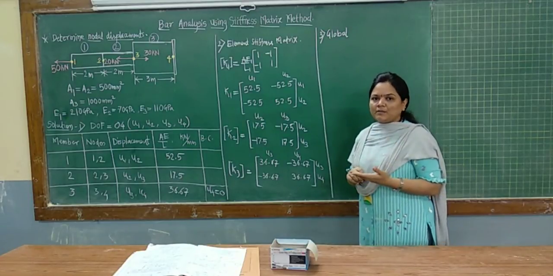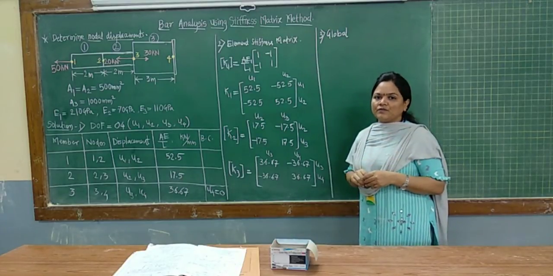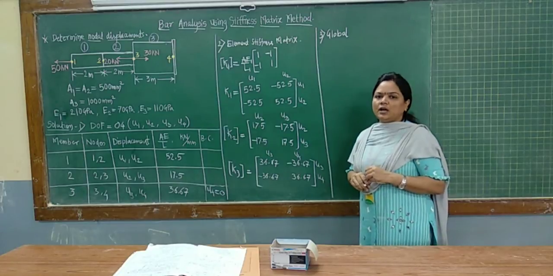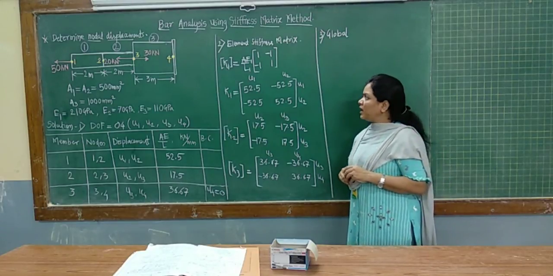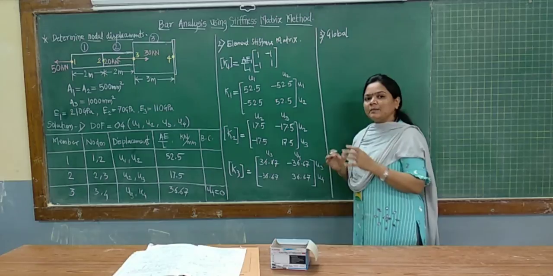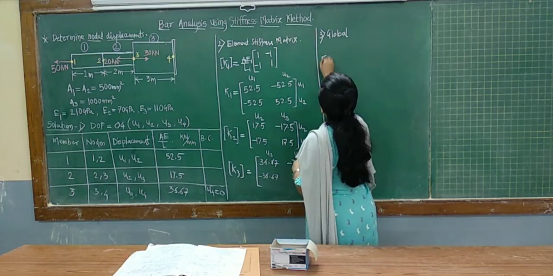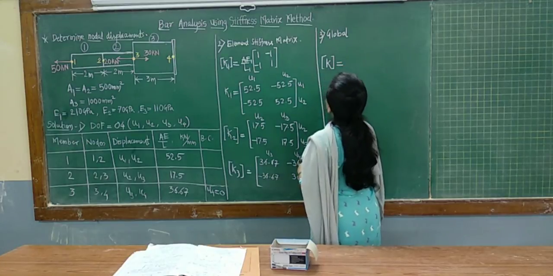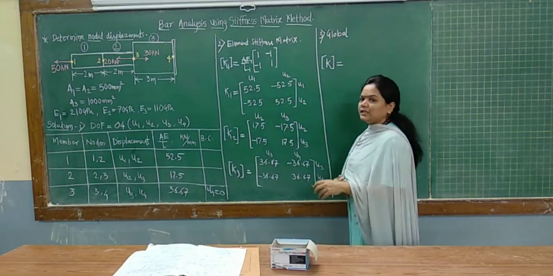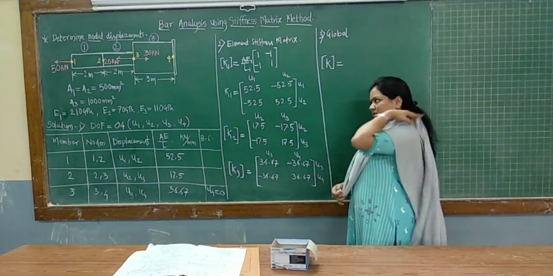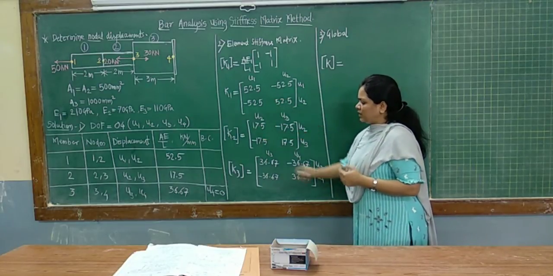After that, we have to apply the boundary condition and get the reduced form of that matrix, and then solve for the unknown displacements. So here, how to write this global? That is assuming all the elements. So this global is defined as capital K equal to the addition of the stiffnesses of all these three members, K1, K2, K3.